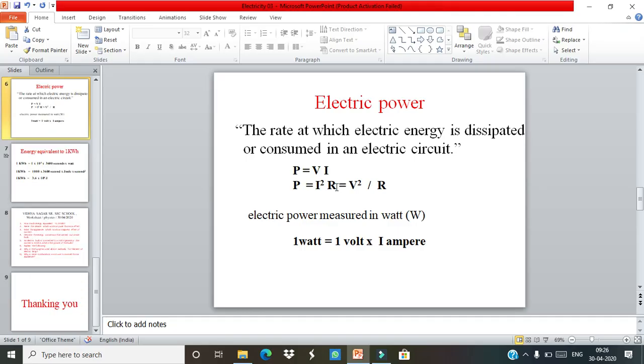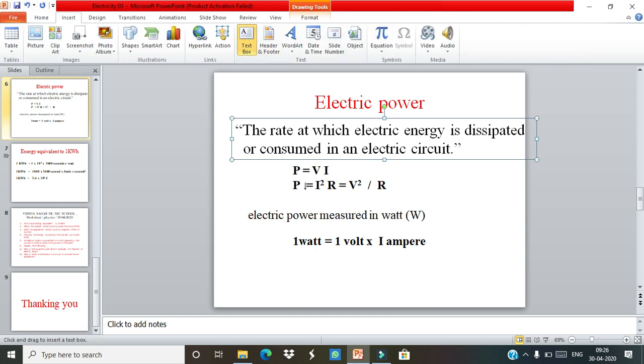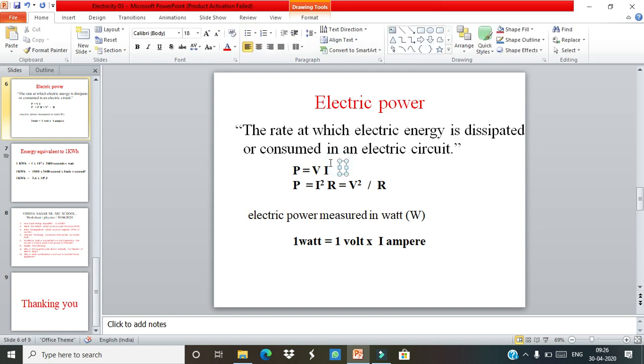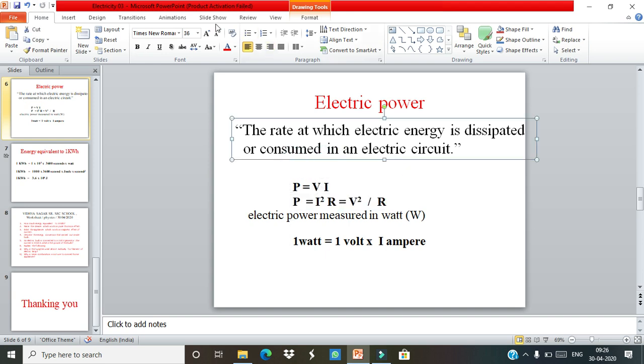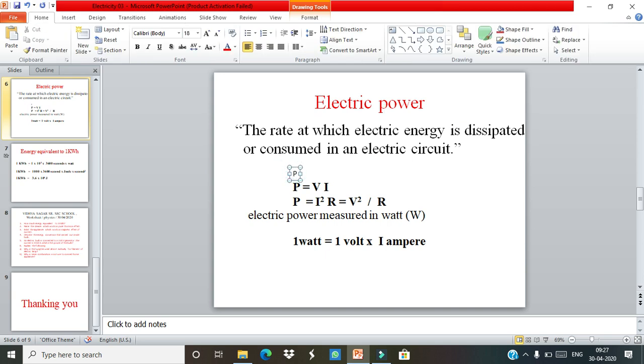If you see the expression, power is equal to W by T. That means the rate of doing work is called power.